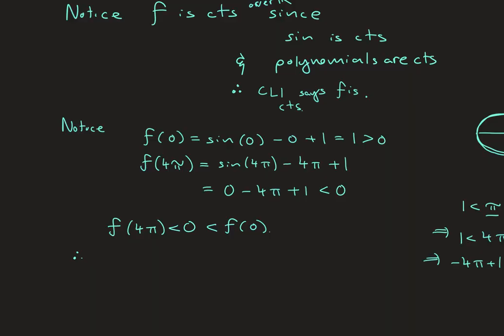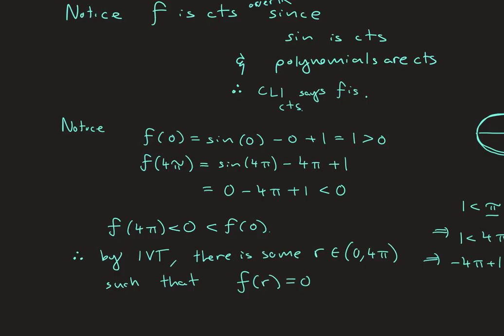And therefore, by the intermediate value theorem, there is some r in the interval from 0 to 4 pi such that f of r is equal to 0.